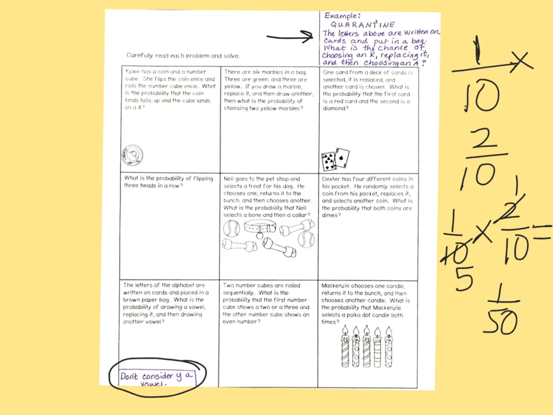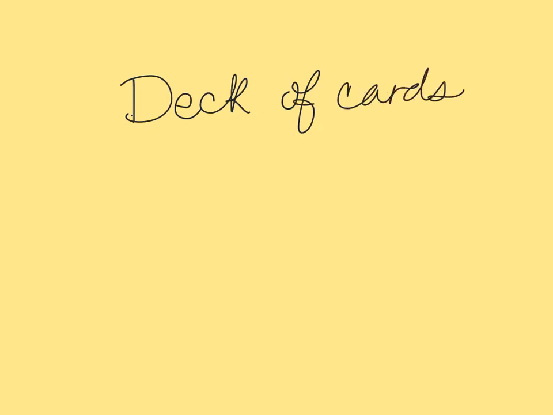And then your deck of cards, I've added to the worksheet at the end a whole picture of a deck of cards. So that is going to help you if you don't play cards. Just as a little reminder, a deck of cards has 52 cards total.